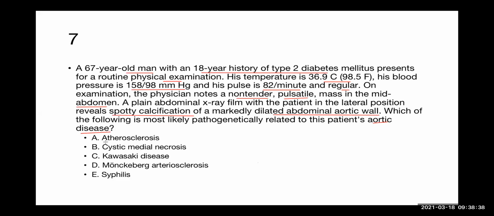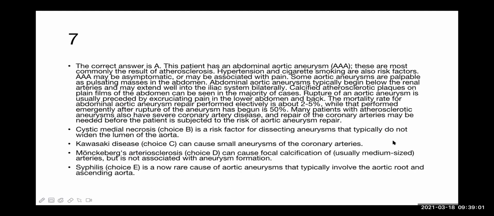Exactly, it is atherosclerosis, because atherosclerosis is the most common cause of abdominal aneurysm. Other things are also a part of the aneurysm process, but are abnormalities of the blood vessel process, but they are somewhat different from this case. The correct answer is A here.